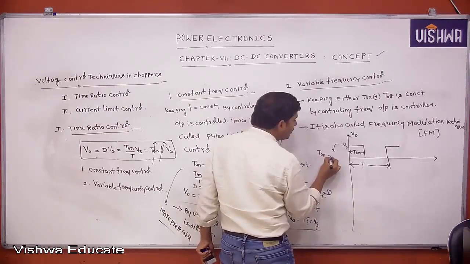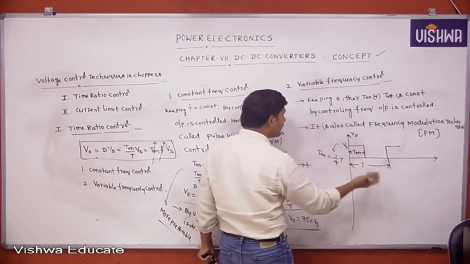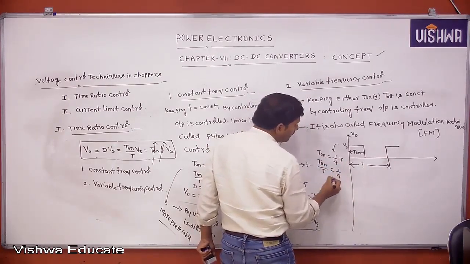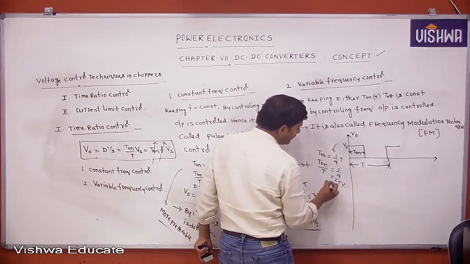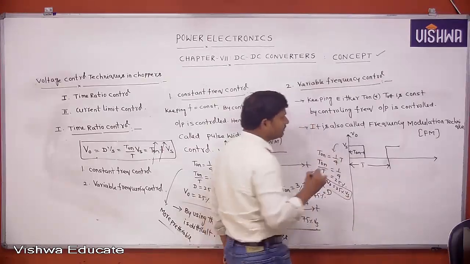T on is 1 by 4 times of T. Then T on by T equals 1 by 4, which is 25%. Then V0 equals 25% of Vs.